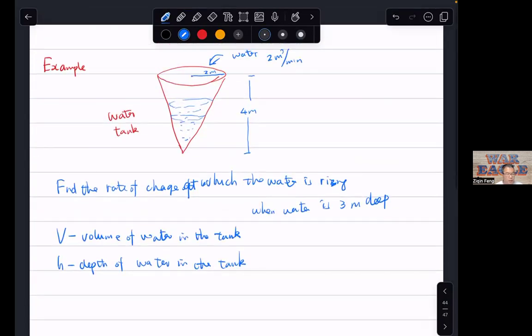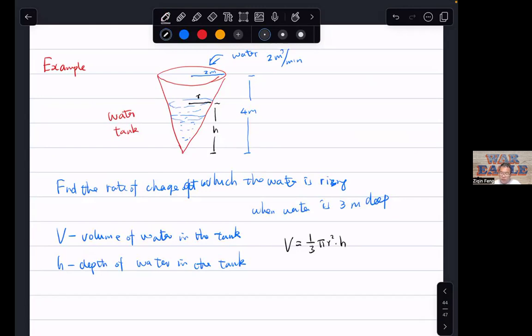We want to get a relation between V and H, but we also need another parameter, which is the radius. This is R here. Let's say from here to here is H. So we know that V is 1/3 pi R squared times H by the cone volume formula, with the base radius and height.